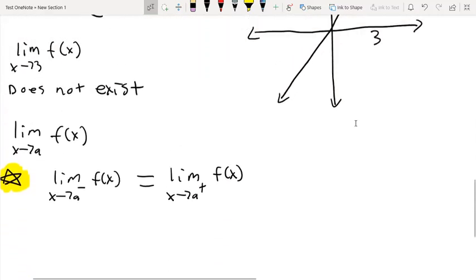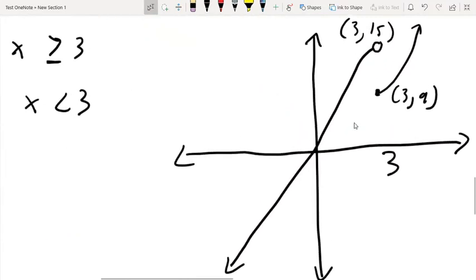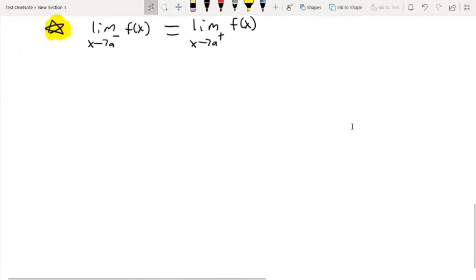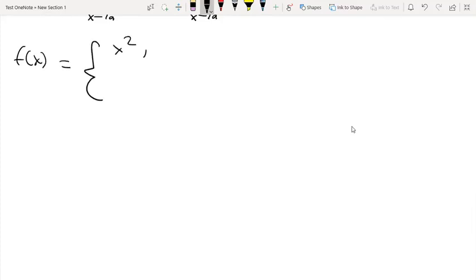And you know, there will be times where it might actually exist. Like for example, let's say I gave you the piecewise function. Let's say I gave you f of x is equal to x squared if x is greater than 3, but it's going to be equal to 5 if x equals 3, and it'll be 3x if x is less than 3, right?